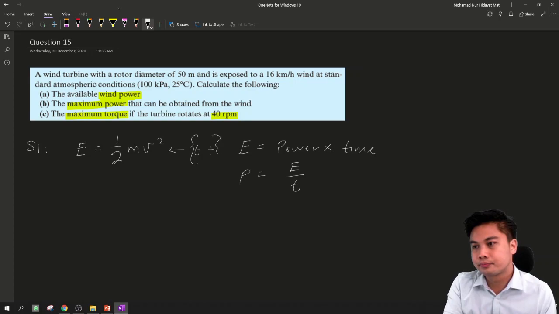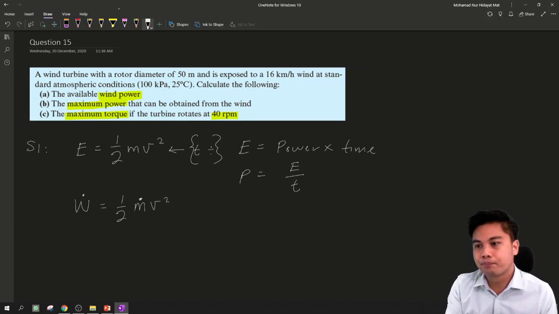So energy divided by time, we get the power, W dot, equal to 1 over 2 m v squared, where mass divided by time gives the mass flow rate.